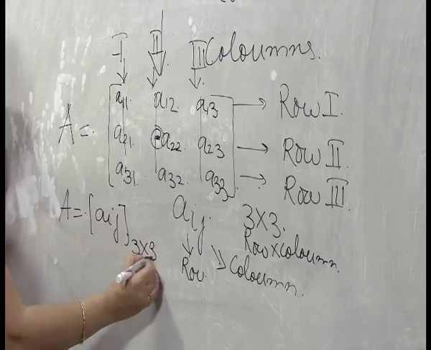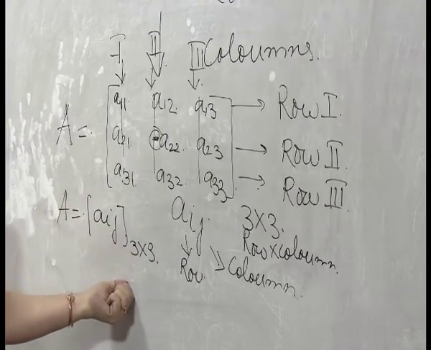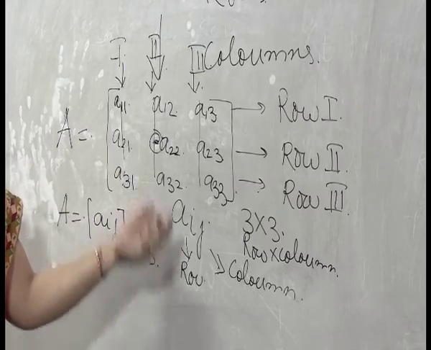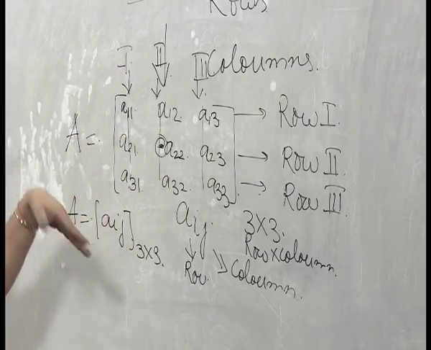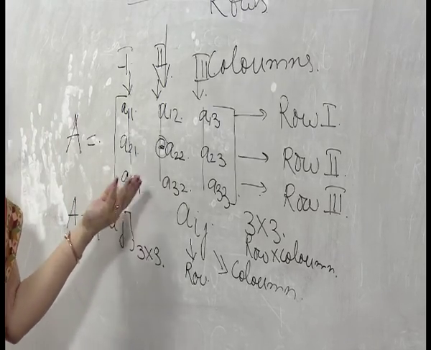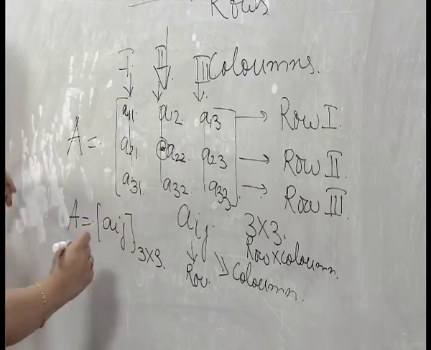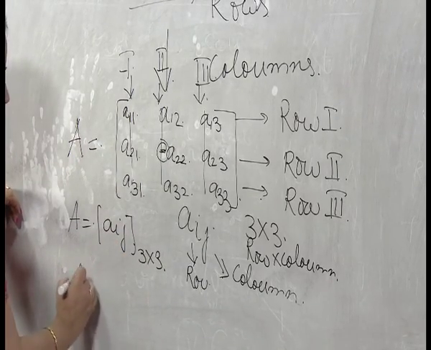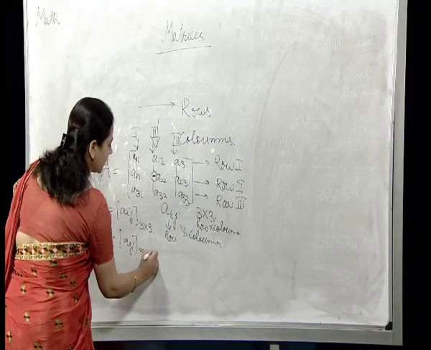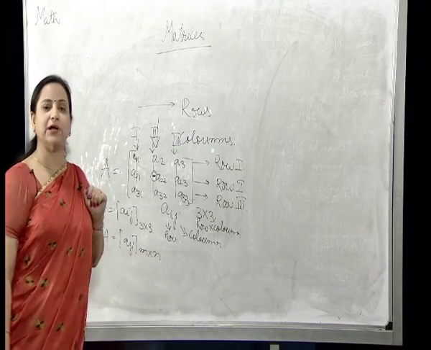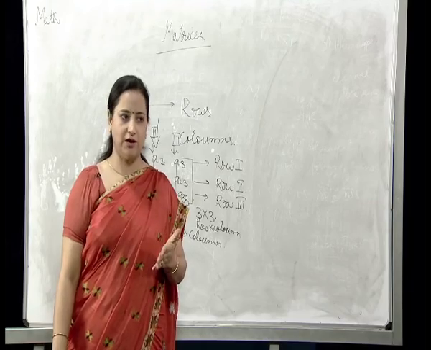It is 3 by 3. The order of a matrix is the number of rows into the number of columns. In general, we take the order as m by n. If I say A is a matrix of order m by n, it means it has m rows and n columns.